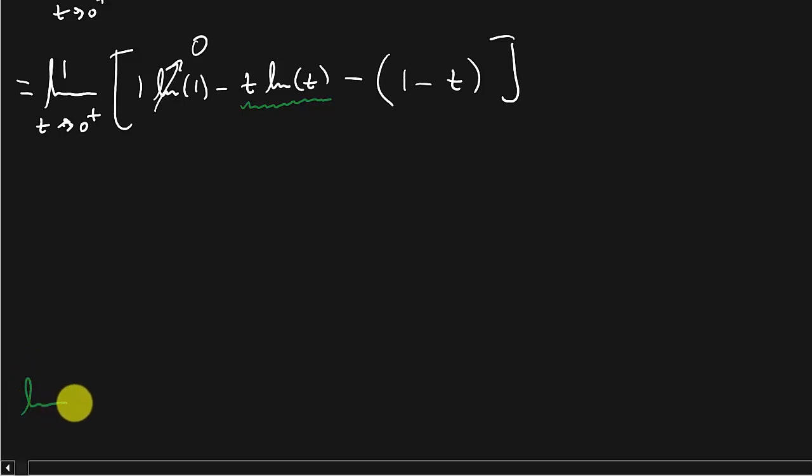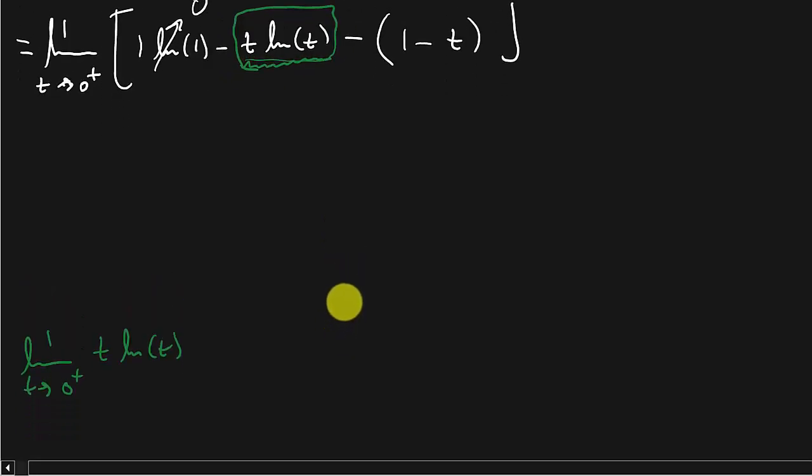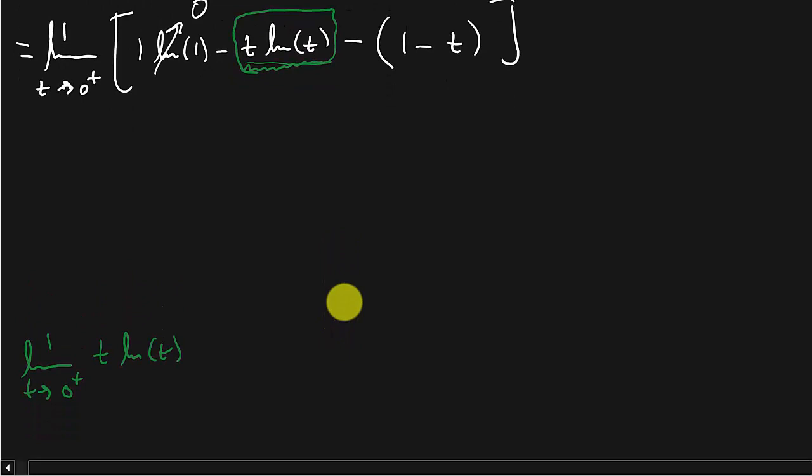So let's take the limit as t goes to 0 from the right of t natural log t. Yes, I left the minus up here. We're going to figure out what this is when we take that limit. So there's going to be a little work involved.